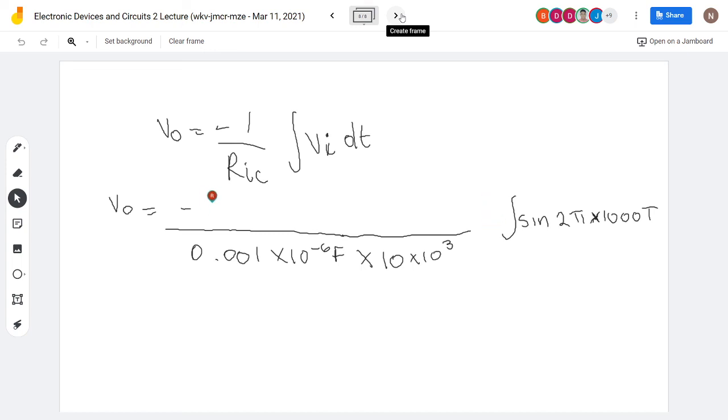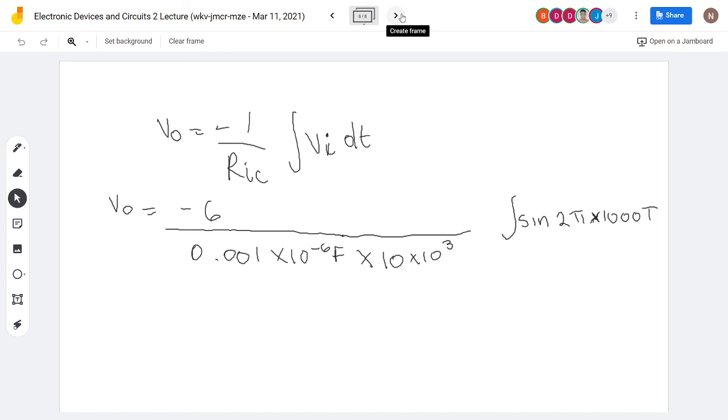So you can do this part of the maths for me. 0.001 times 10 to the minus 6 times 10 to the 4, and this is going to leave you with 0.001 times 10 to the minus 2.